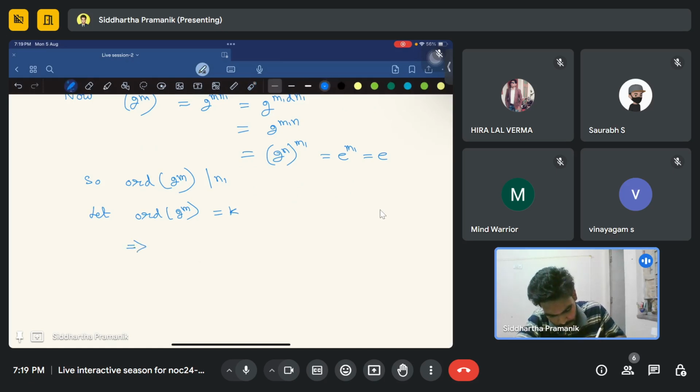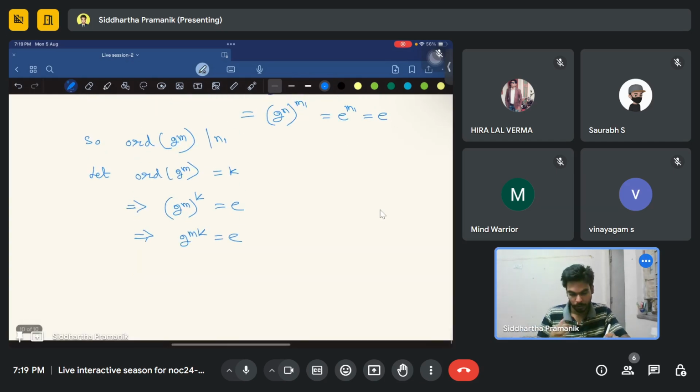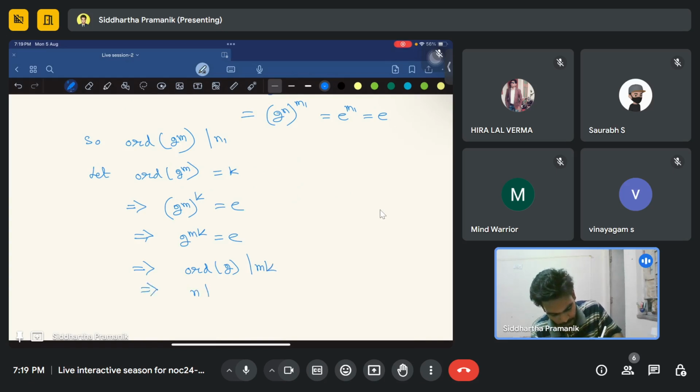So that means G power m power k should be identity. So this implies G power mk should be identity. So again you use the previous property. So this will imply order of G must divide mk. So that means n divides mk.